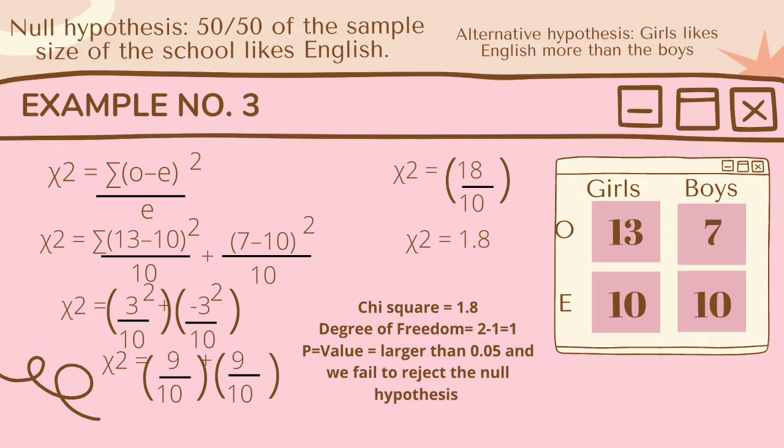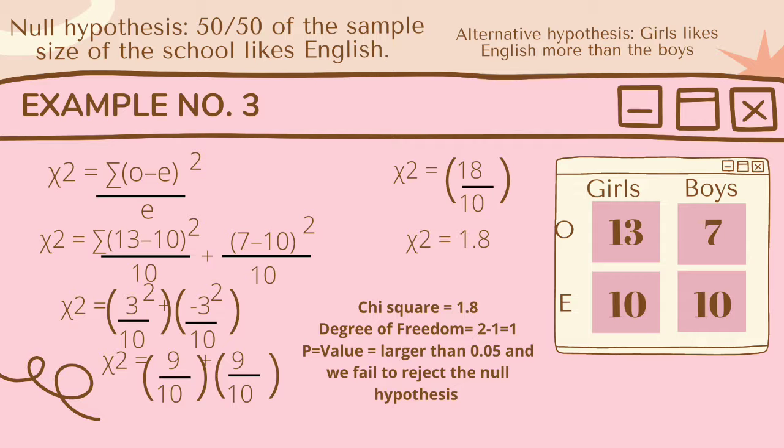To substitute, chi-squared is equal to the sum of 13 minus 10 squared over or divided by 10. So, mao ni siya ang sa girls plus 7 minus 10 squared divided by 10, which is maupod ni siya ang sa boys.